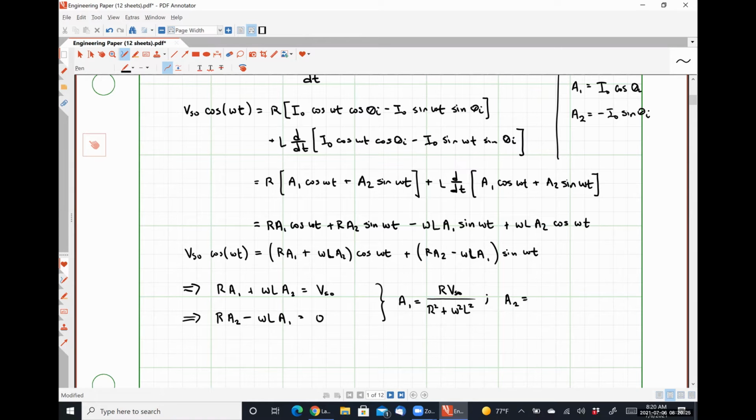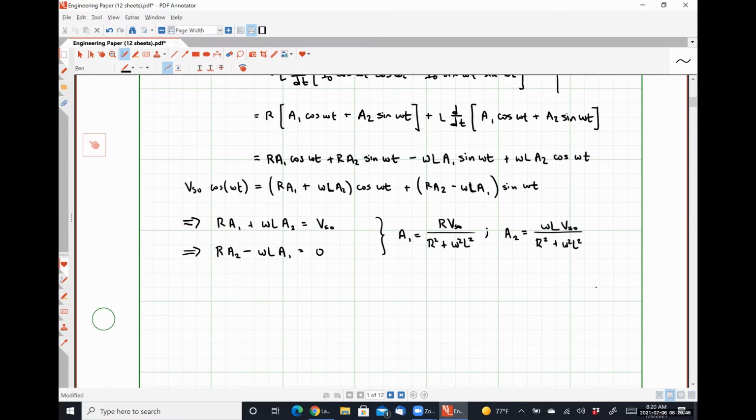And A2 is equal to omega L Vs naught divided by that same denominator, R squared plus omega squared L squared.